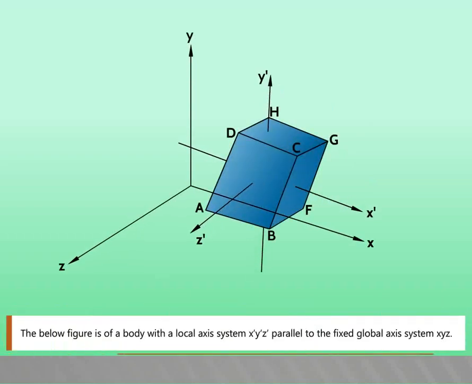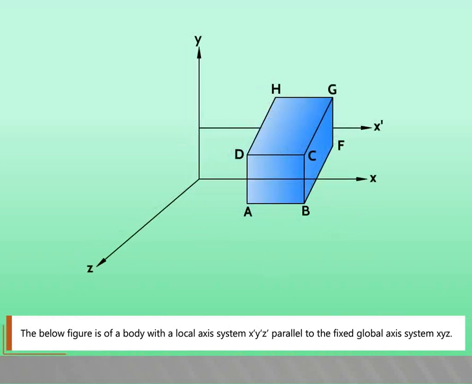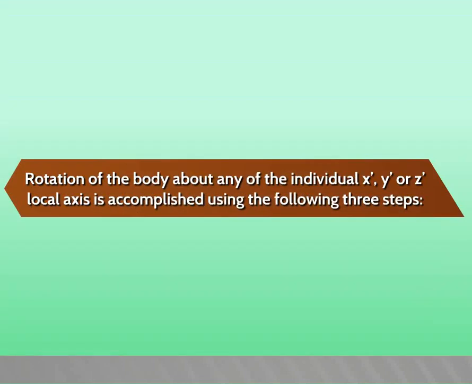The below figure is of a body with a local axis system x dash, y dash, z dash parallel to the fixed global axis system x, y, z. Rotation of the body about any of the individual x dash, y dash or z dash local axis is accomplished using the following three steps.